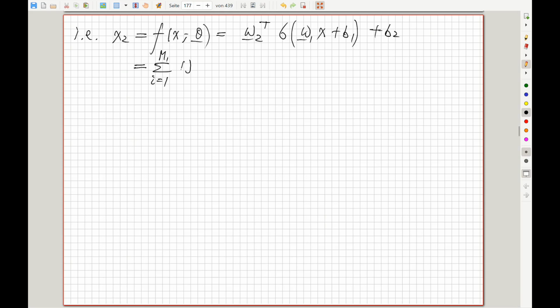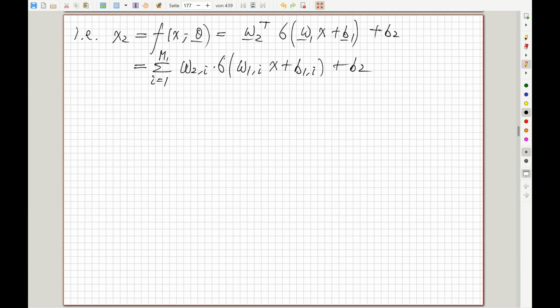So the ith element of the second weight vector multiplied by the ith element of the output of the first layer, and this is nothing but a sigma activation function applied to the ith element of the first weight vector multiplied with the scalar input plus b1 i, and then plus b2. This is the element-wise notation.